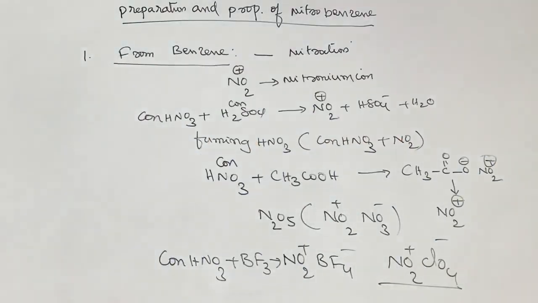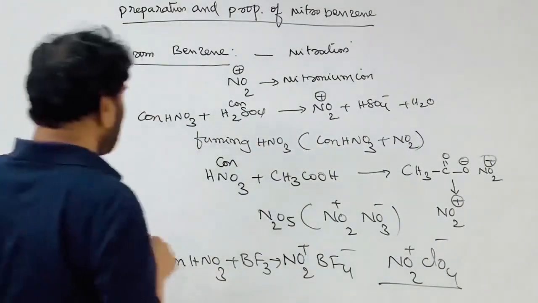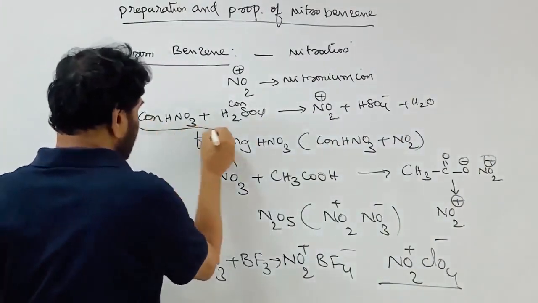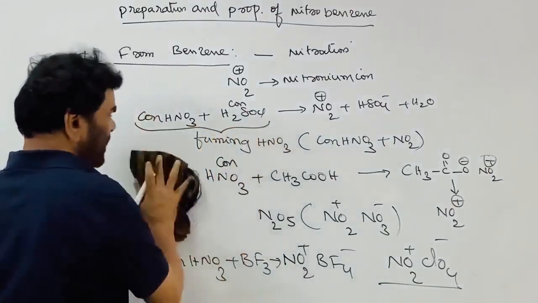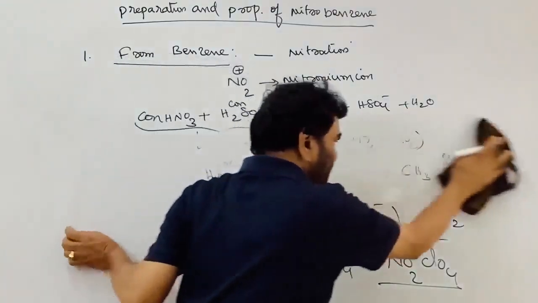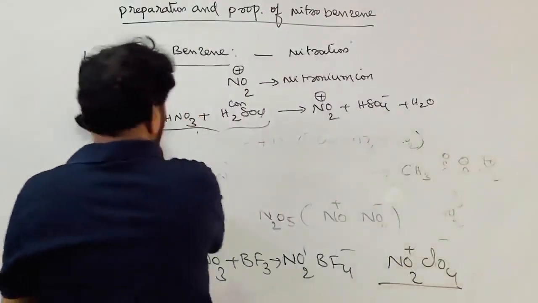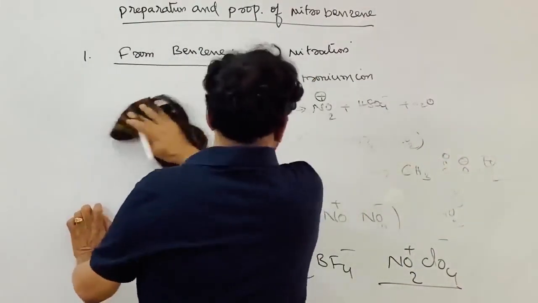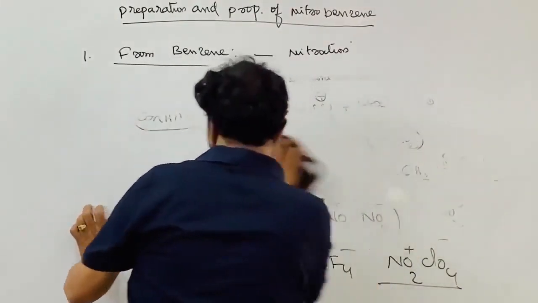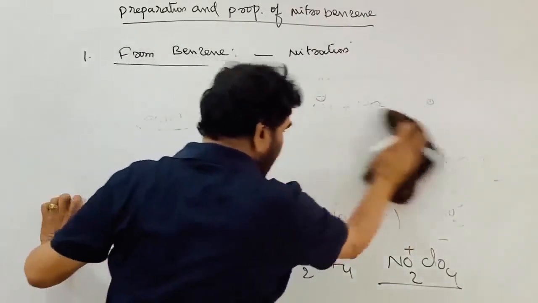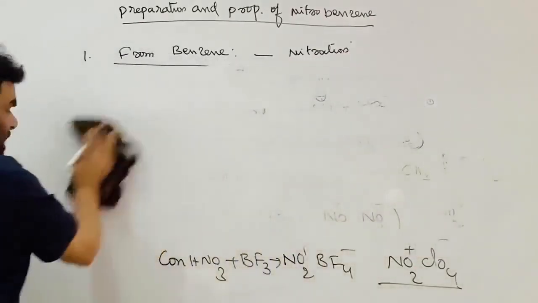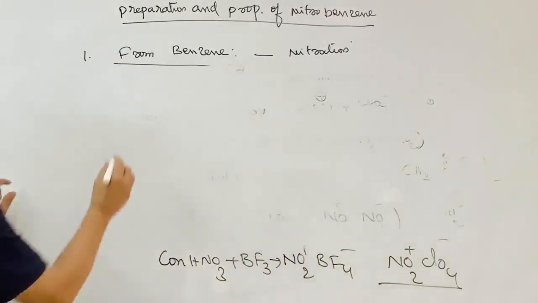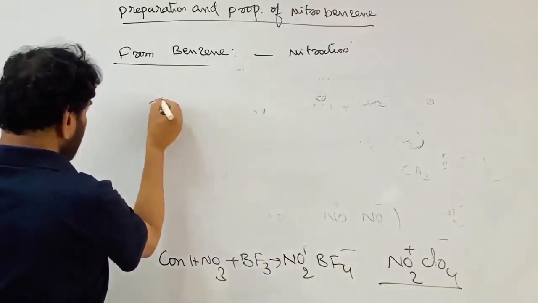Any one of these reagents can be used, but the more commonly used reagent is nitric acid in the presence of concentrated H2SO4, which helps in the formation of the nitronium ion, the electrophile required for the reaction. The products depend on conditions.